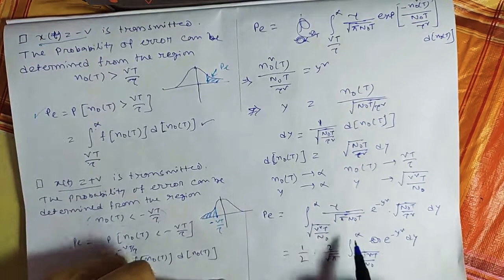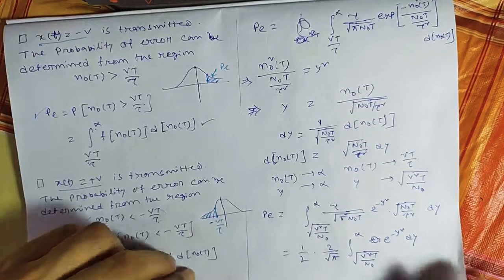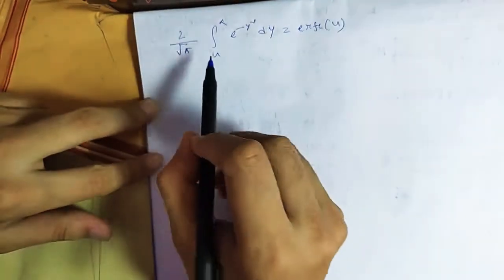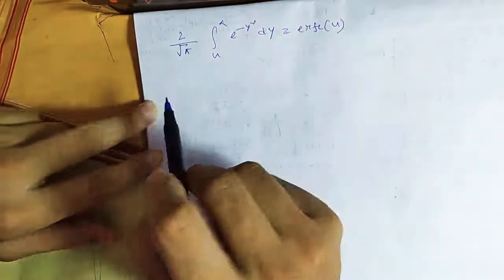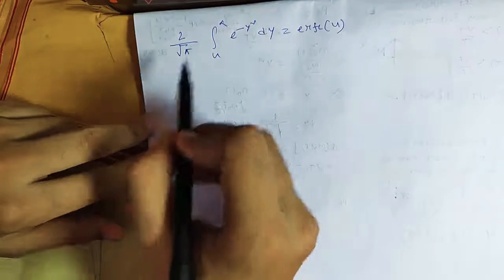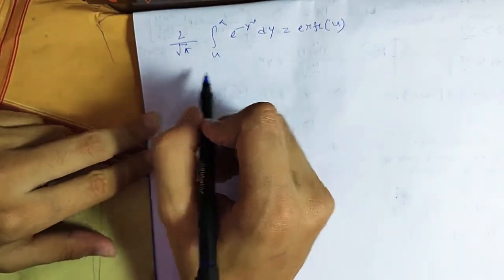and that is a standard integration that corresponds to the error function. Now we shall use the standard integration in ERFC form. In our case, u is root over v square T by n0.